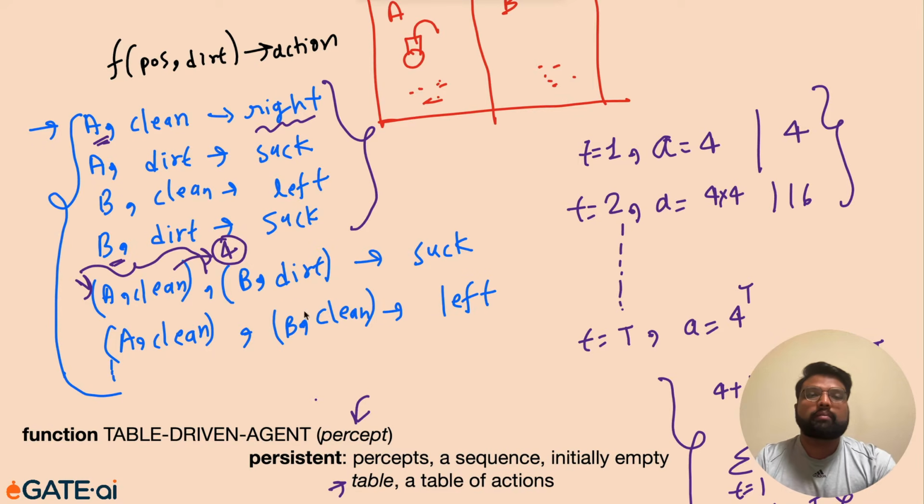And if the agent is in B block and it's clean, it will go to the left one, right? So basically all the actions are dependent only on the current percept it sees, right? So we don't have to store all the previous percept history. We only need to bother about the current percept. So the agents which act only based on the current percept are called reflex agents.